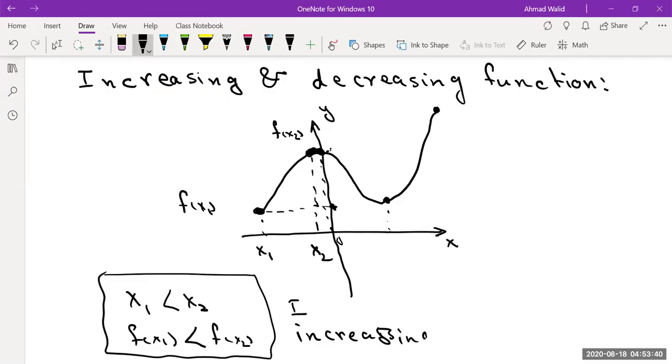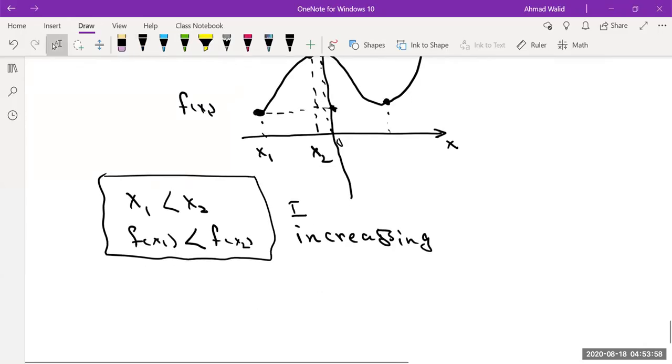How to know a function is increasing? Always check if x1 is less than x2, then f of x1 should be less than f of x2. In that interval, the function is increasing.